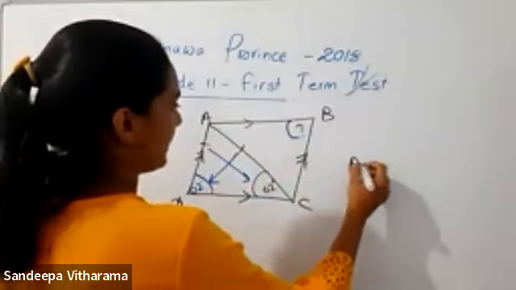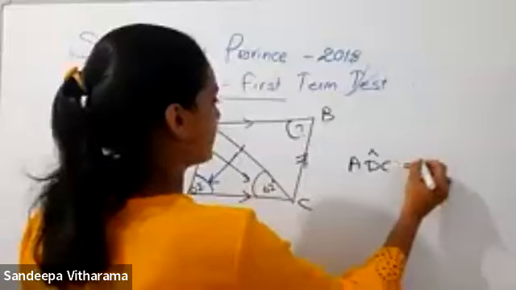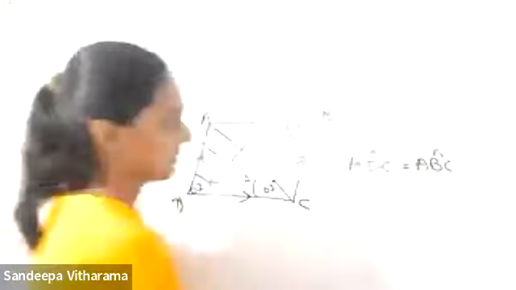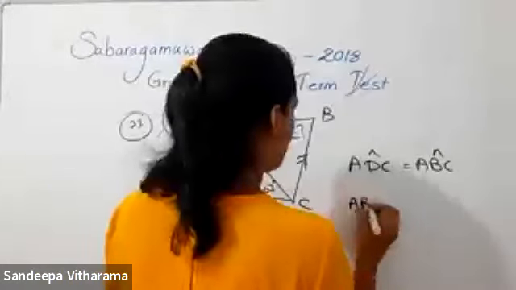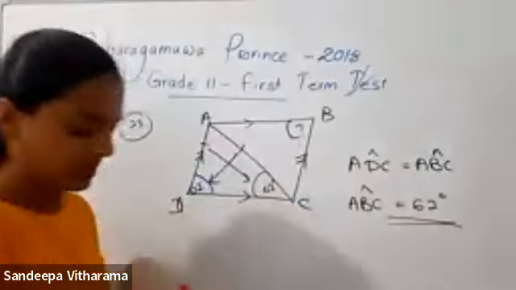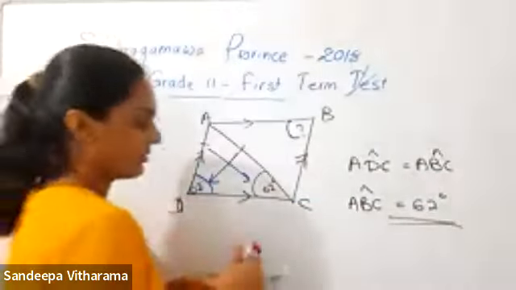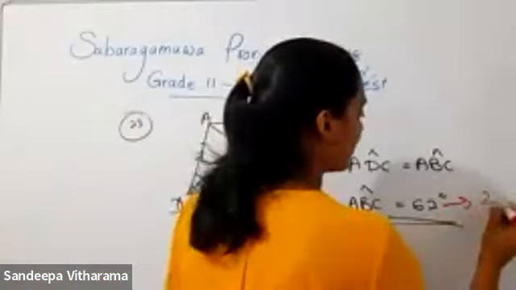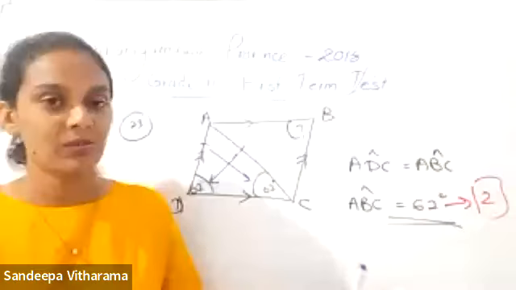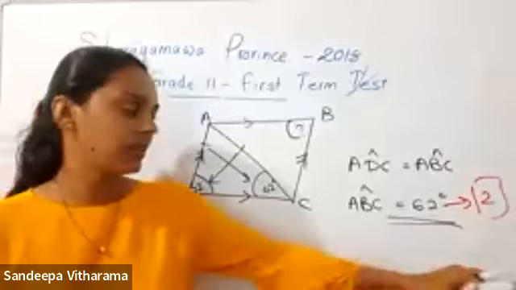Therefore, angle ABC equals the opposite angle, then angle ABC equals 62 degrees. So for finding this answer, you are given 2 marks. Then look, you have to remember all the parallelogram-related theorems to obtain these 2 marks.